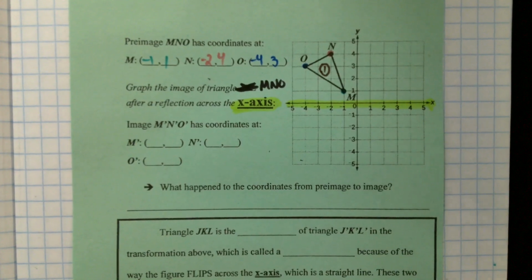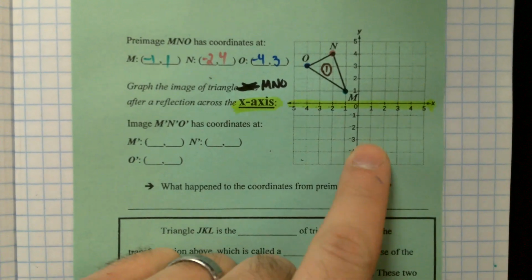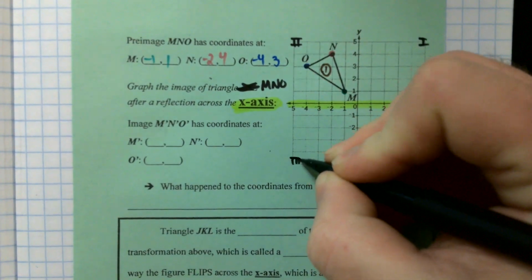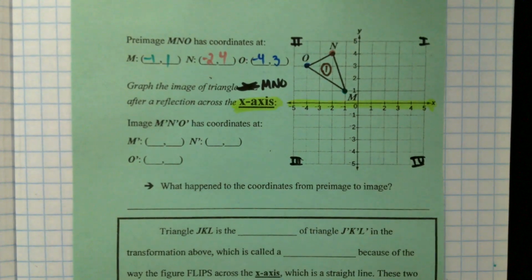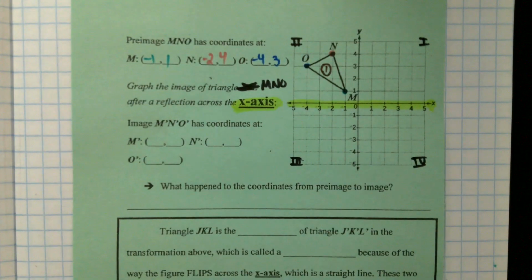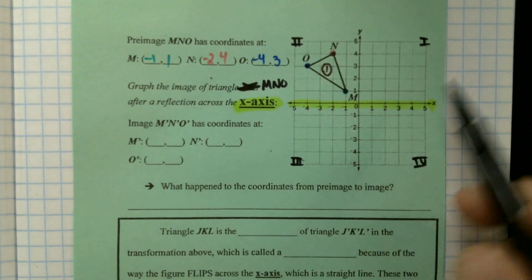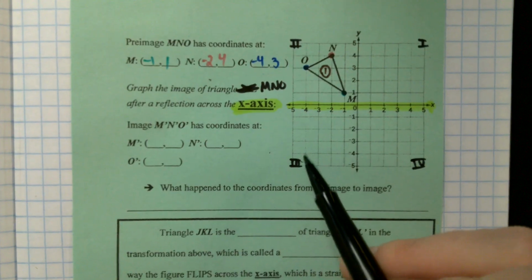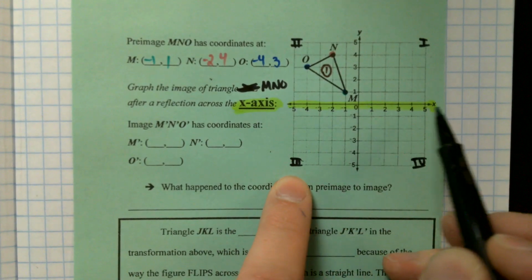Which quadrant is my reflection going to be in? Remember, this is quadrant 1, quadrant 2, quadrant 3, and quadrant 4. Which quadrant would my reflection of this triangle be in? Ross says 4. Lola says quadrant 1. Quadrant 3. Well, this is my mirror line.